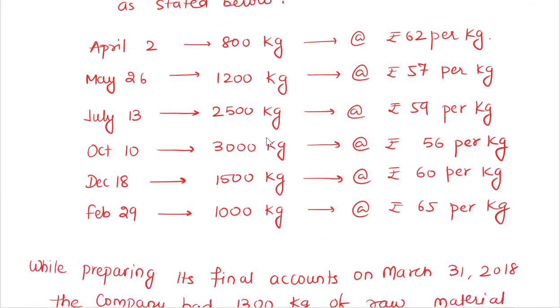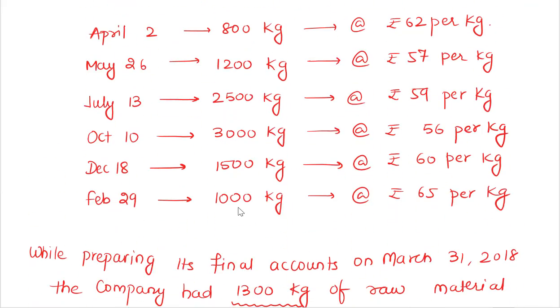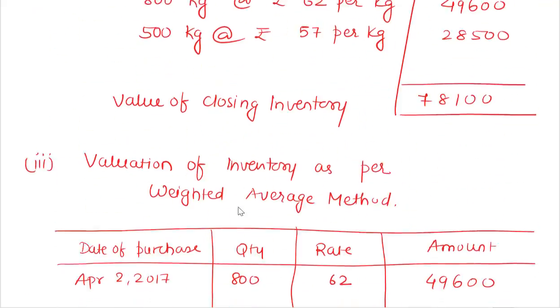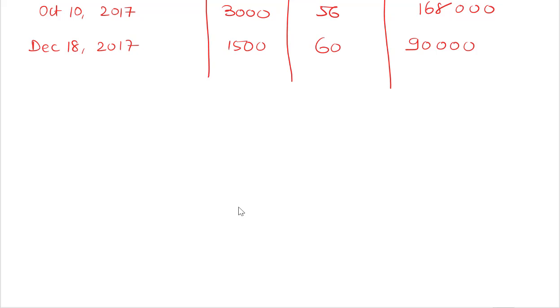The next is February 29, 1000 kgs at 65. So 1000 multiplied by 65 equals 65,000.